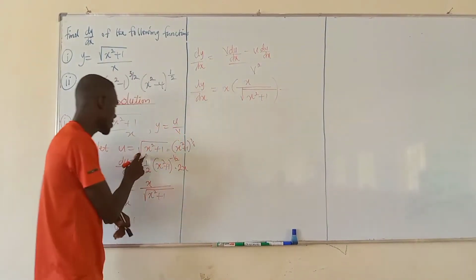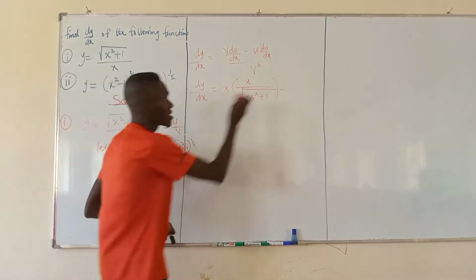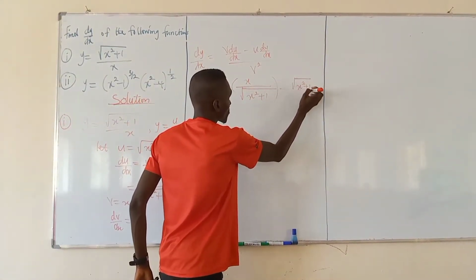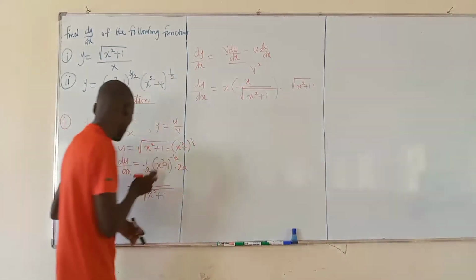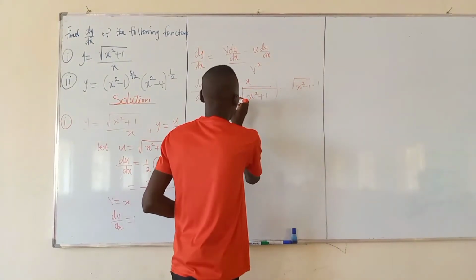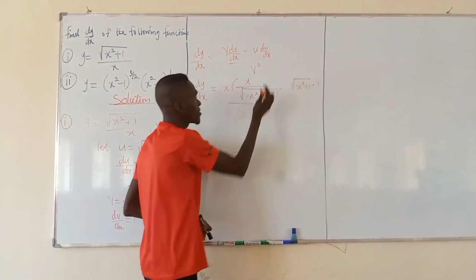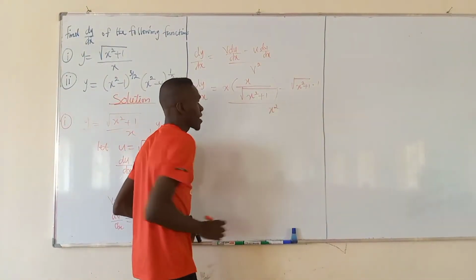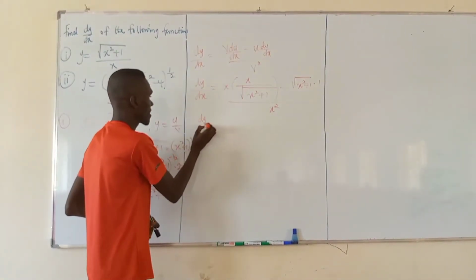We said u is the square root of x squared plus 1. So I'll have the square root of x squared plus 1 times, what is our dv? dv is just 1, so I'll put times 1. Everything over v squared. So what is v? We said v is x, so we have x squared. So we have dy over dx.